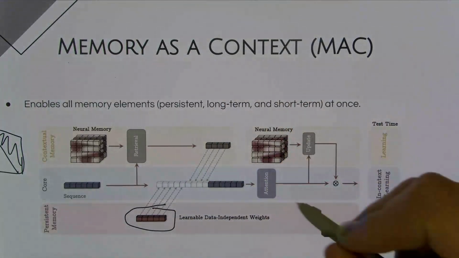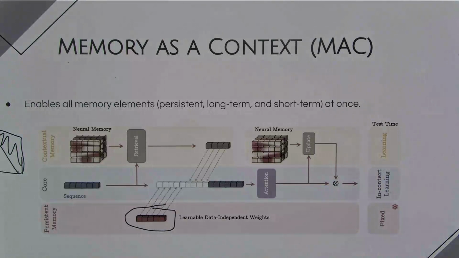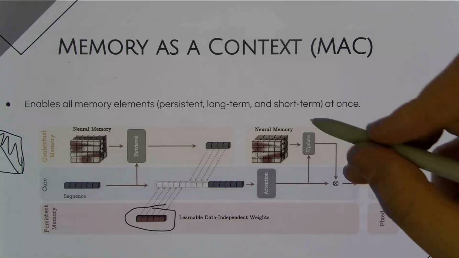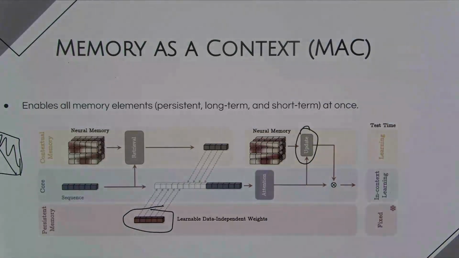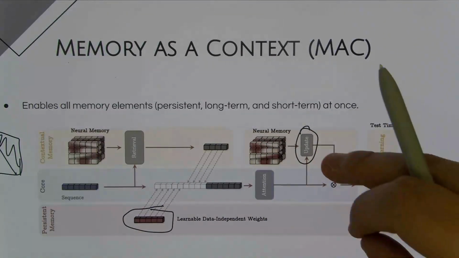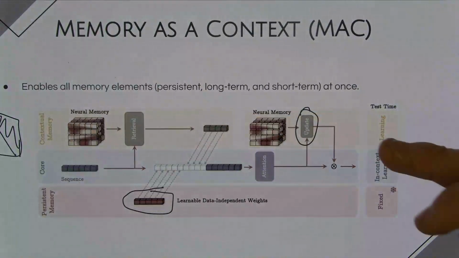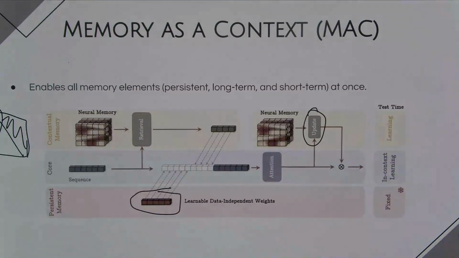Feed that to attention, and use that to update your current M of T, which is the RNN that we've been training during test time. That's why the update happens here, all the way at the neural network stage, as opposed to before. And then we use a gate to decide which we're going to use more. So essentially, we're just throwing it all together.